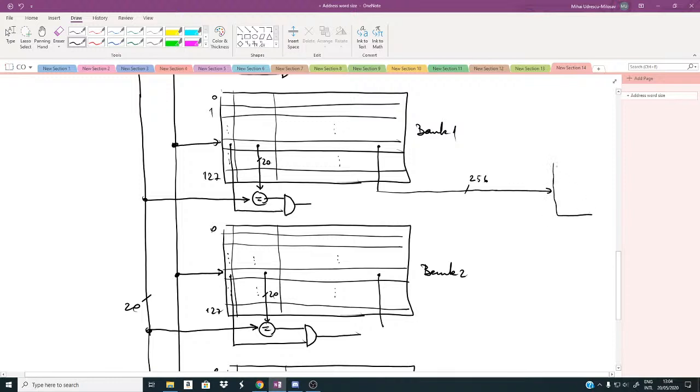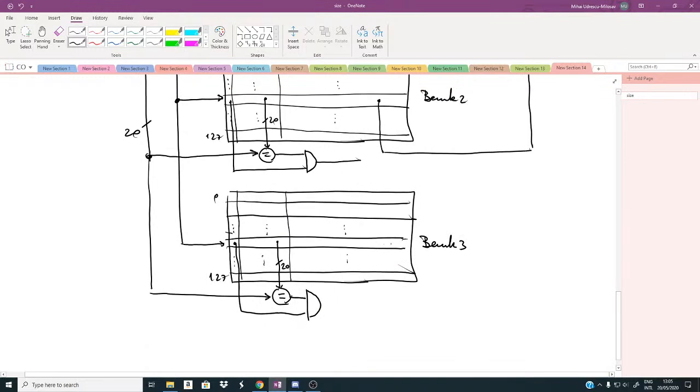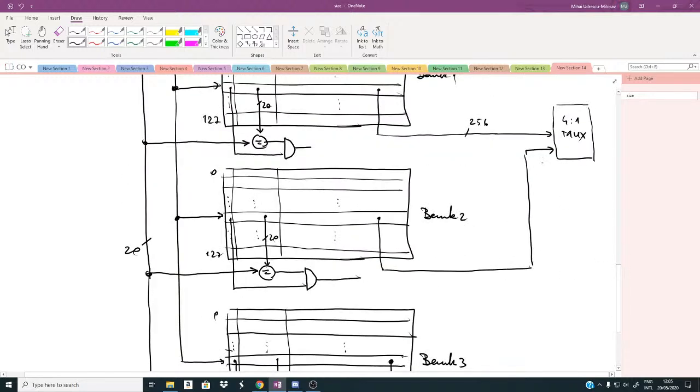So, 4-to-1 multiplexer. Okay. So this goes over here, and this goes over here as well.